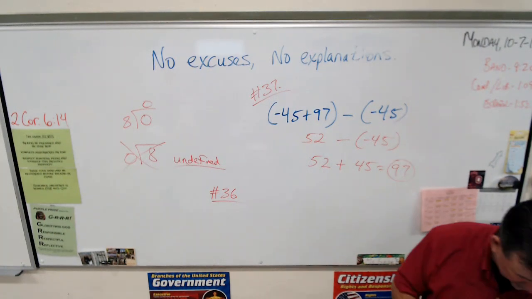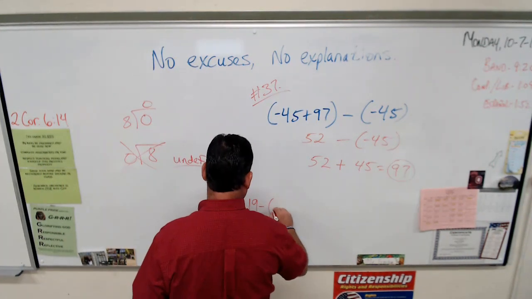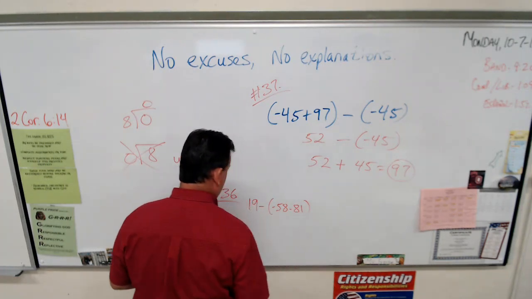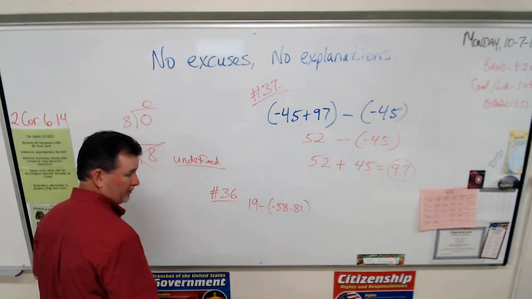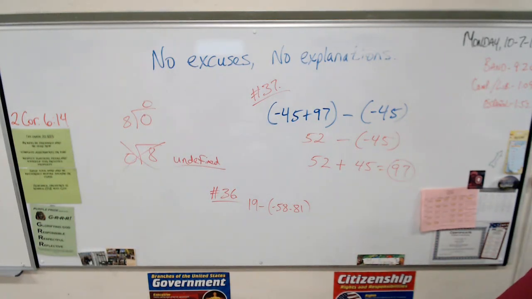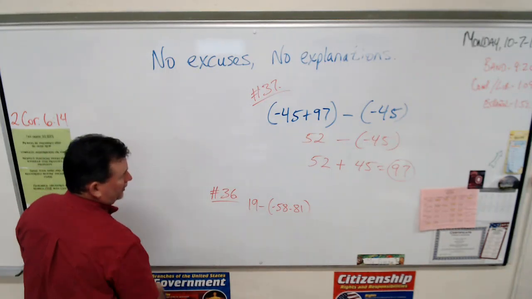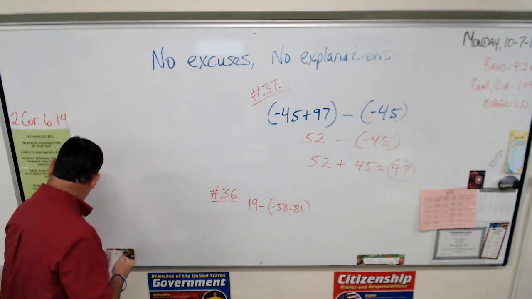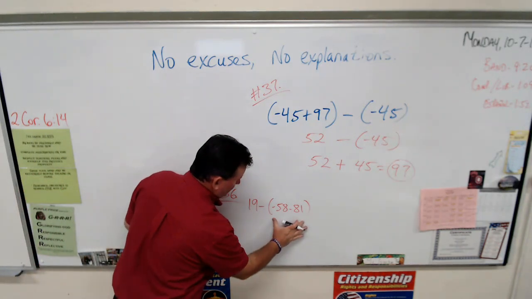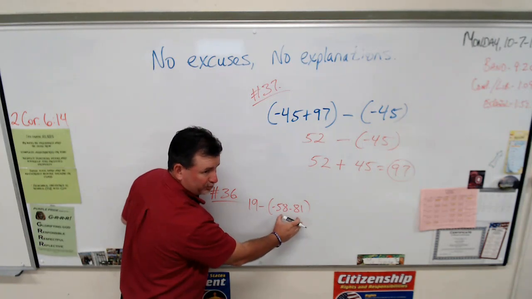19 minus. Did I write it correctly? Oh, I know. Yeah, you did. Okay, here's 36. Inside the parentheses, Isaac, these are grouped together. So what am I going to do? I'm going to group those together.